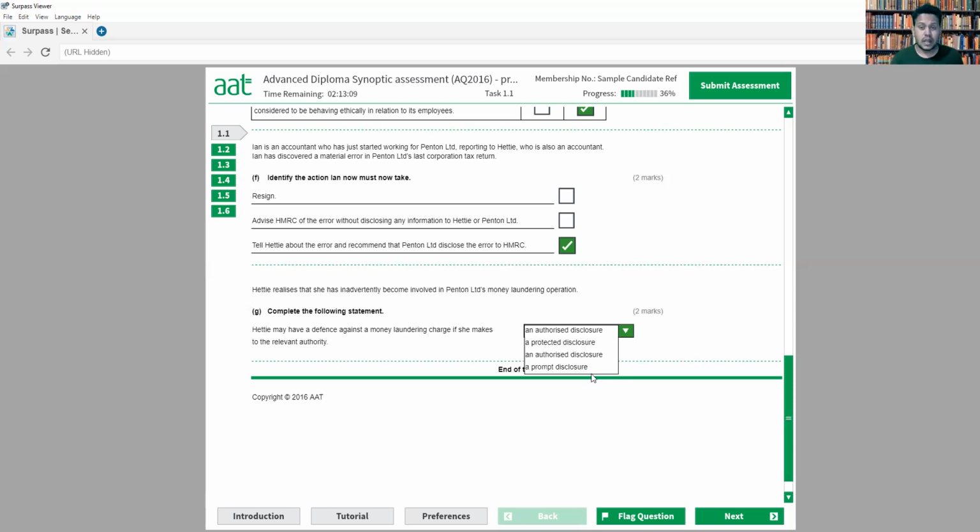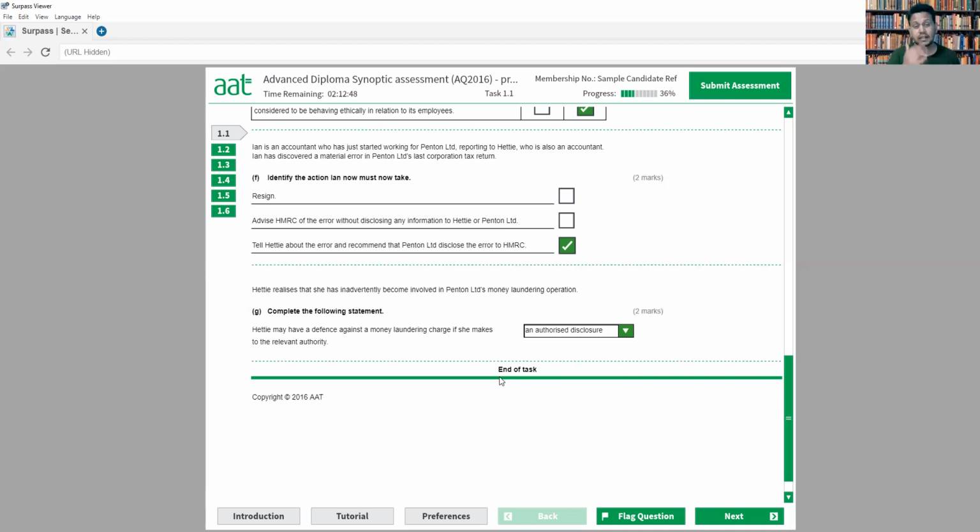So if you are not sure about it, you need to read the definition of these three disclosures. Authorized disclosure is when you are the one who discloses the information and you tell the authority without telling the people who can stop you.